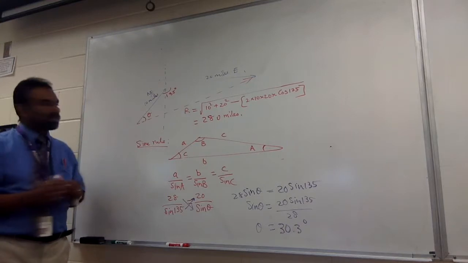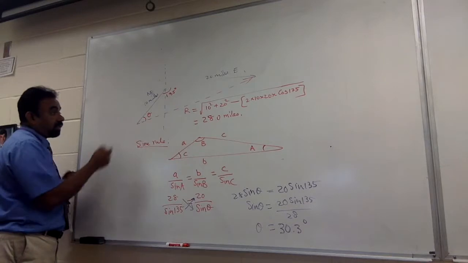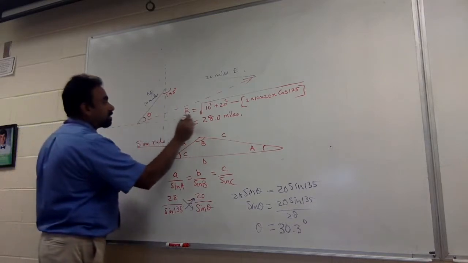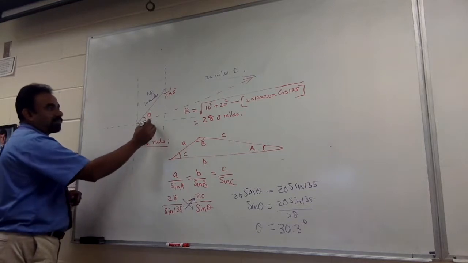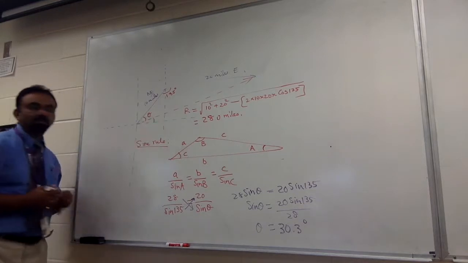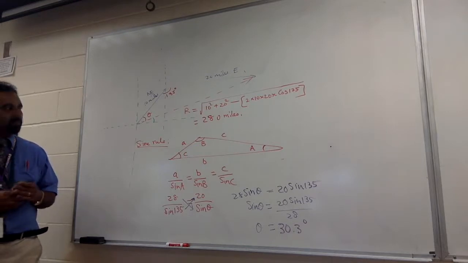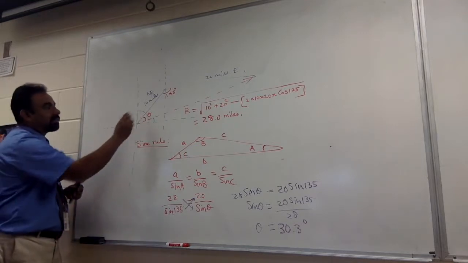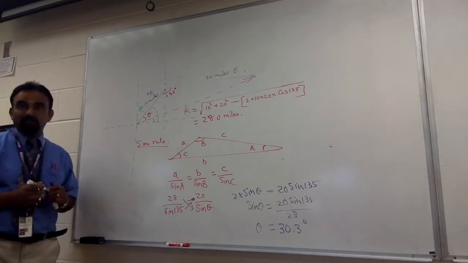All right. So if I draw the east-west line and the north-south line here, if you can get this angle, then you're done. What is this angle? 45.